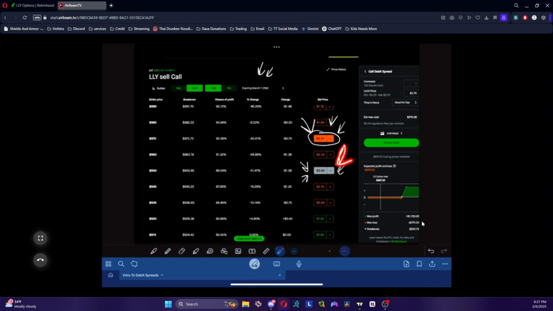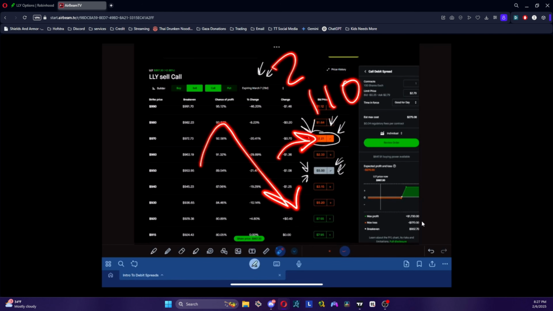the expensive contract, because to exit a contract that you sold, you have to pay back the amount of its value. So if this contract, let's say when you want to exit it, is still at $2.21, even though you received $221, you have to give back $221 because that's the value of the contract at that time. Let's say, for example, Eli Lilly goes down and this contract right over here becomes 110.